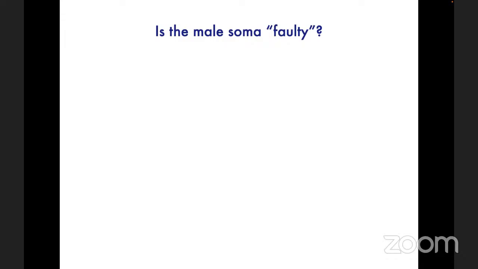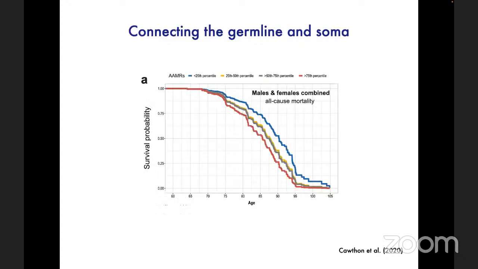So is the male soma really faulty? I would say we don't really know. There aren't well-designed experiments that get at this, even in humans where there's tons and tons of data. The most fascinating data set out there, I think, is from some studies, especially Utah cohorts, where they know the fitness and fecundity of individuals, and they know the mutation rate of those individuals.